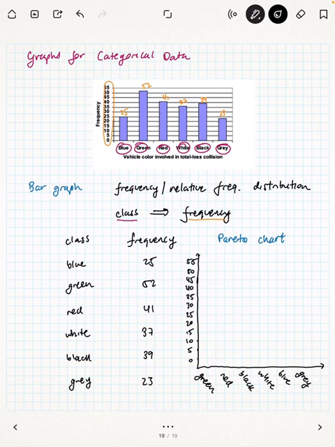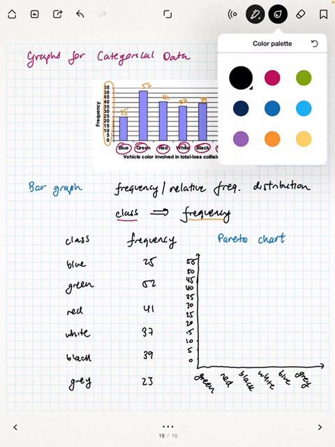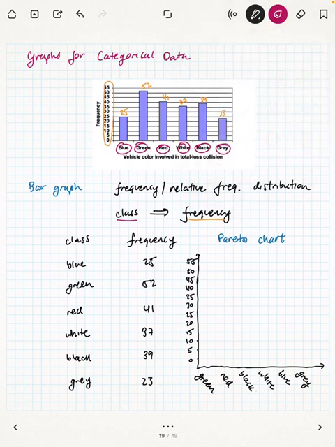And now I'm going to draw my bars again. So for each one, I'm going to draw a bar here of the appropriate height. Make sure that they're the same width as well, because you want to represent just the data from the height, not the width. So green is right here, 52. So that's my green. Red is 41.